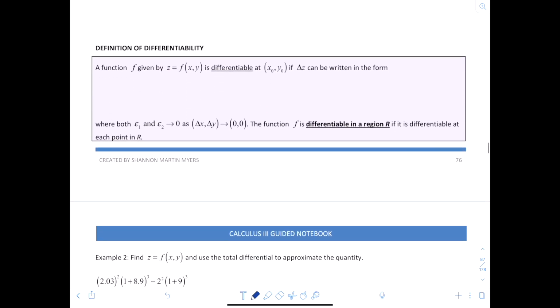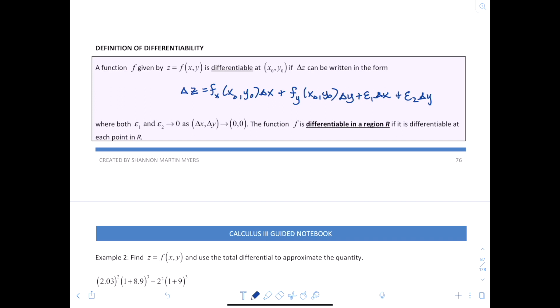Let's talk about the definition of differentiability. A function f given by z equals f of x and y is differentiable at x0, y0 if delta z can be written in the form delta z equals fx of x0, y0 times delta x plus fy of x0, y0 times delta y plus epsilon 1 times delta x plus epsilon 2 times delta y, where both epsilon 1 and epsilon 2 approach 0 as delta x, delta y approaches 0, 0.